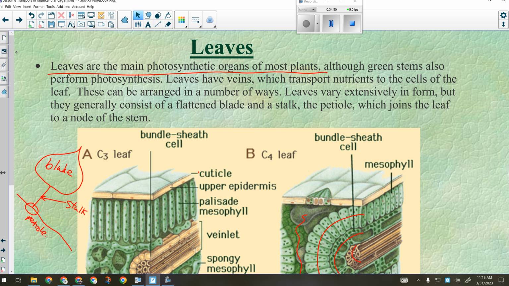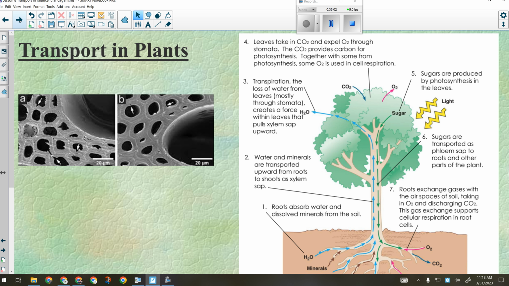Now, transport. This is kind of what we've been building towards here. How does a plant transport water and sugar? Well, it's got separate tubes for each one. Just so you can see here, the tubes are microscopic. All of these little tubes here are parts of the xylem.